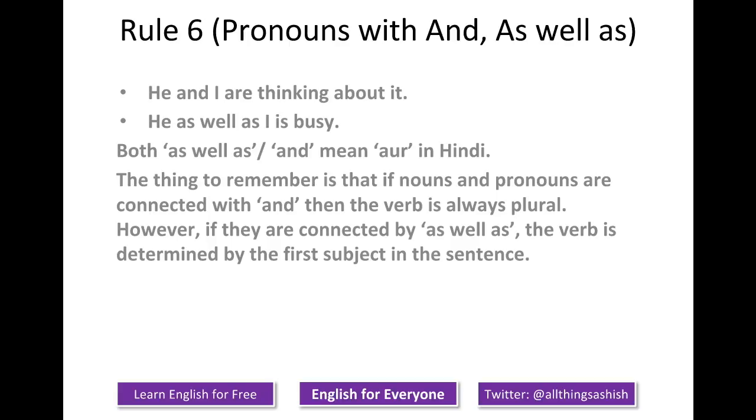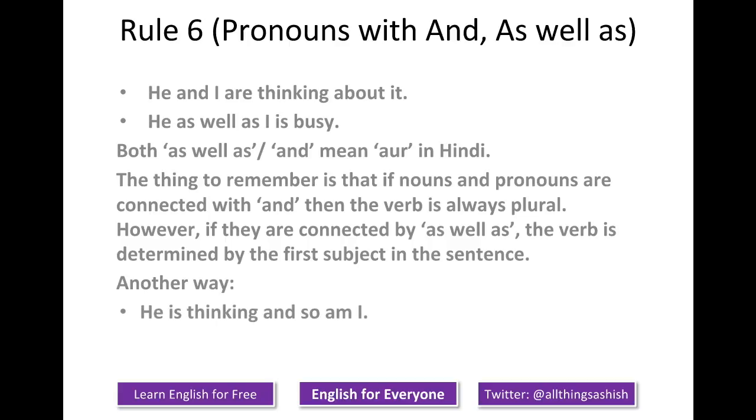And I know it sounds pretty awkward to say he as well as I is busy. You might just have the person look back at you and wonder if you're from the 18th century. It's pretty awkward. So in order to make it more contemporary and more modern, you can use the following alternative.